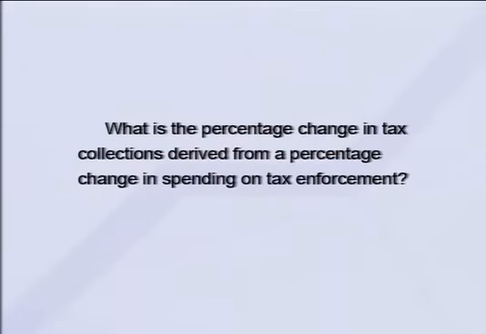Or imagine studying whether the IRS should spend more money auditing tax returns. In elasticity terms, what is the percentage change in tax collections derived from a percentage change in spending on tax enforcement? The evidence seems to be that if we audited more taxpayers, we'd collect more money, but it wouldn't particularly be a very popular choice.